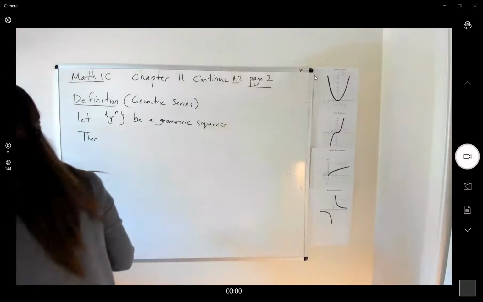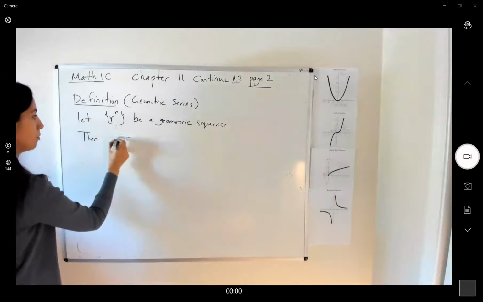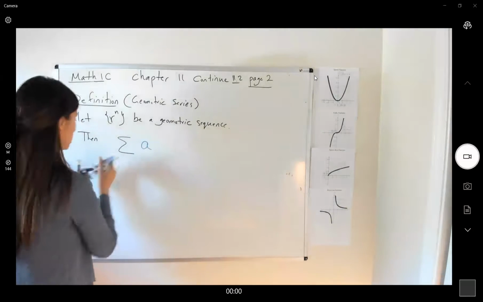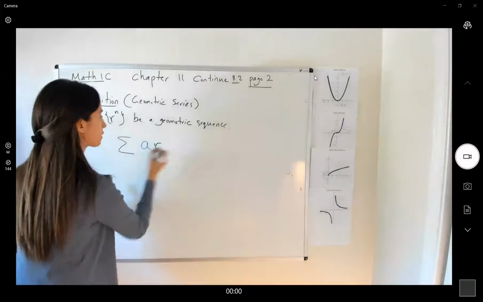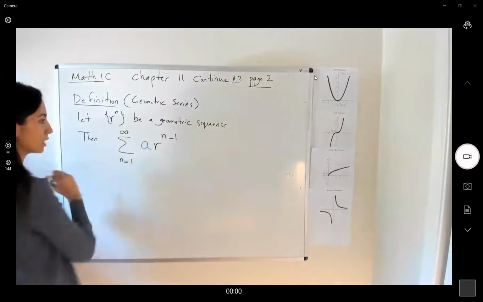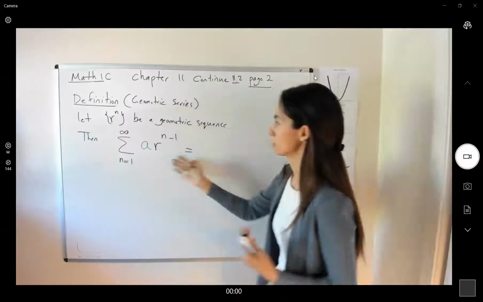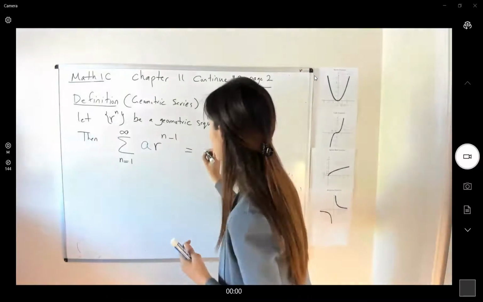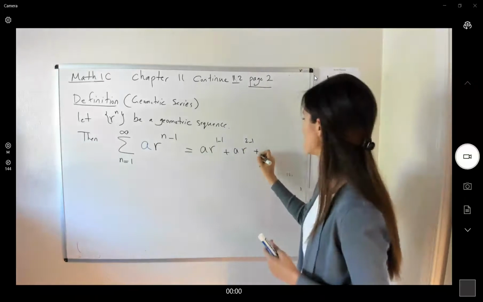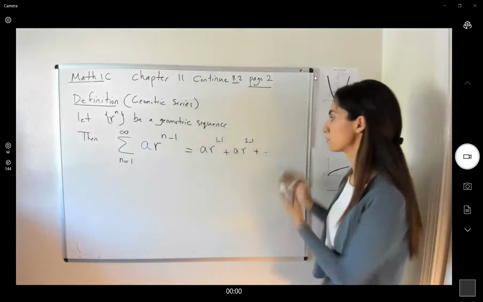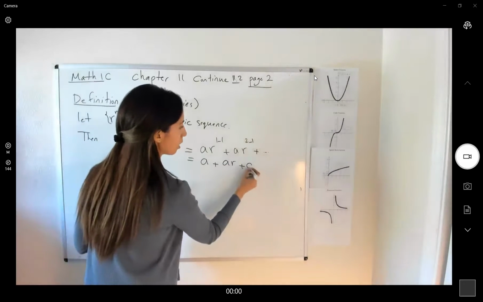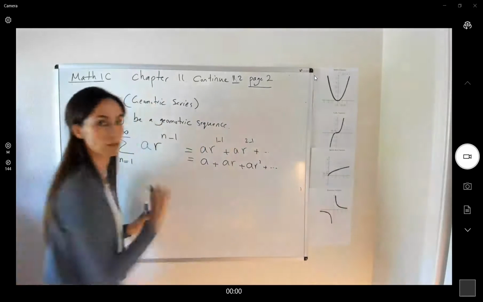Then the sum of a, which is just a constant, a number, times r raised to n minus 1, n starts from 1 to infinity, is equal to, let us use the definition of a series, a times r to 1 minus 1 plus a times r to 2 minus 1 plus a times r to 3 minus 1 and so on, which is a plus ar plus ar squared plus the rest of them.